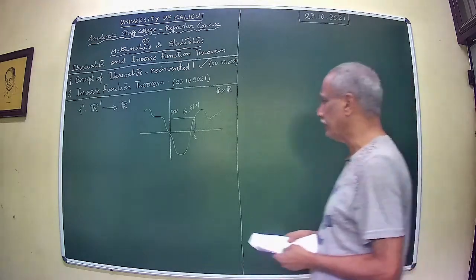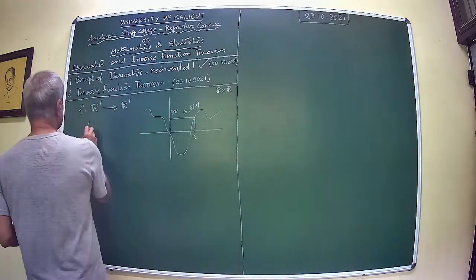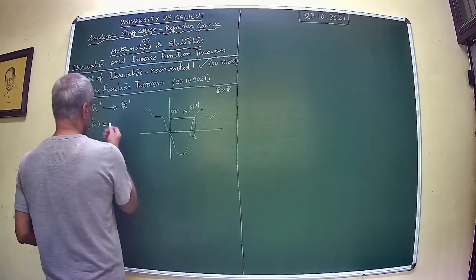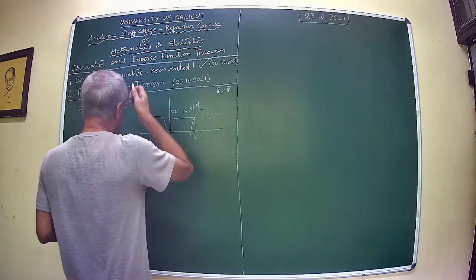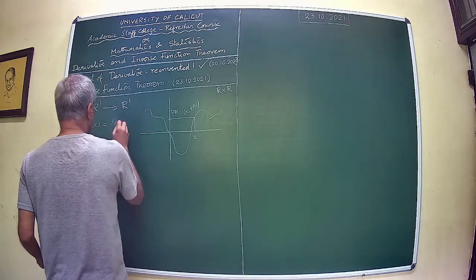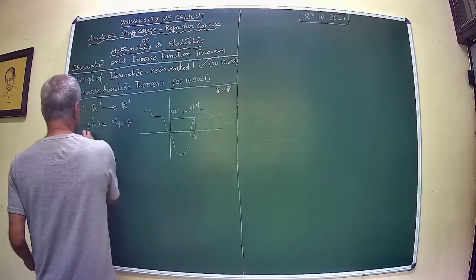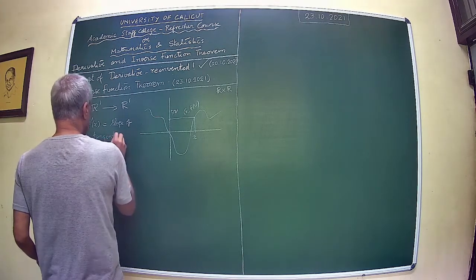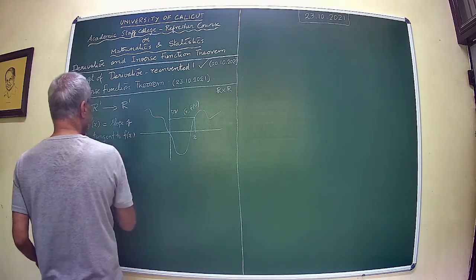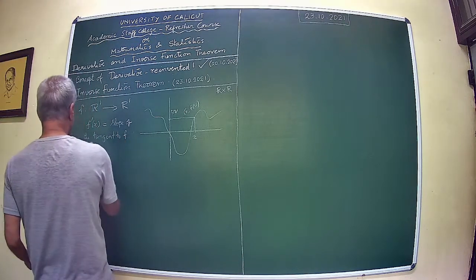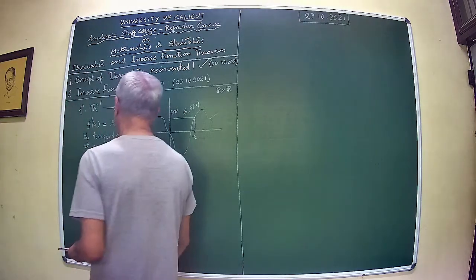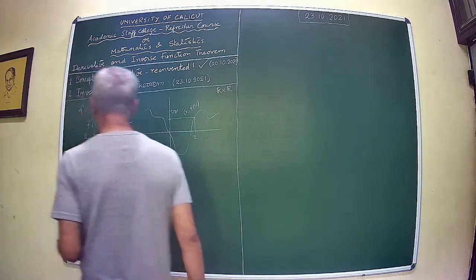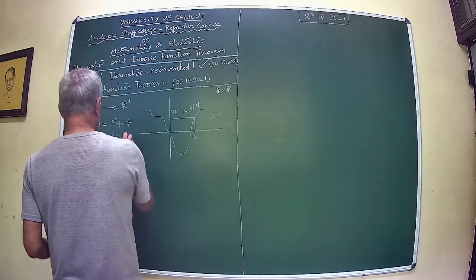Now what is f derivative of x? F derivative of x is the limit that we have, and it is the slope of the tangent to the graph of f at the point x, f of x.